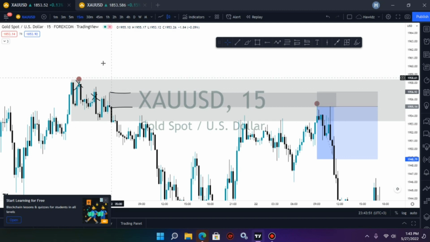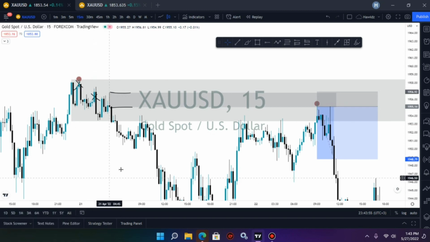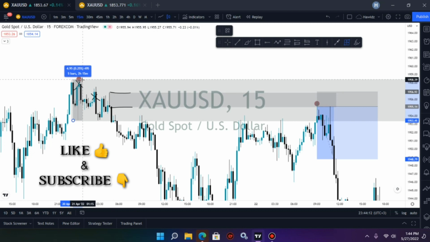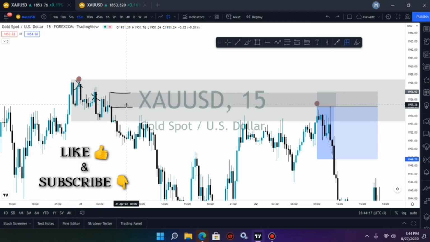So instead of having this 535 pips, this is gold, by the way, don't confuse it with other pairs. This is definitely off the charts in comparison to maybe GBP USD or Euro USD or GBP JPY. So the pip count here is very different. So you had this zone of 535 pips, if I'm not mistaken, almost 500 pips. So let's say 500 pips, and now you have your stop loss of 172 pips.